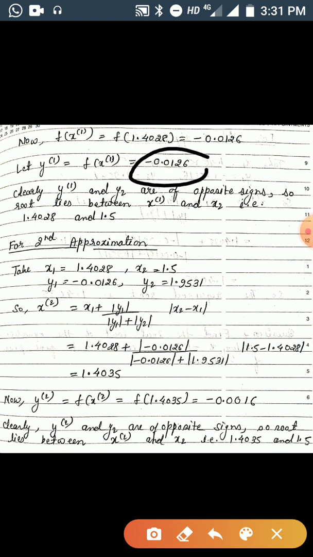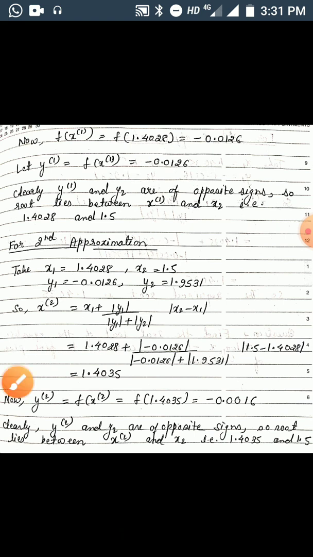So the root lies between x superscript (1) and x2, that is 1.4028 and 1.5. So for the second approximation, we will take x1 as 1.4028, x2 as 1.5, y1 is minus 0.0126, that means y1 is f(x1), meaning f(1.4028), y2 is f(1.5), the value is 1.9531.